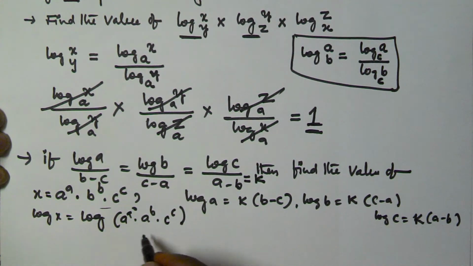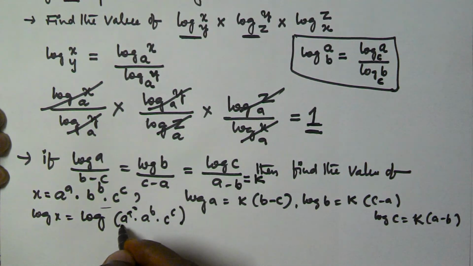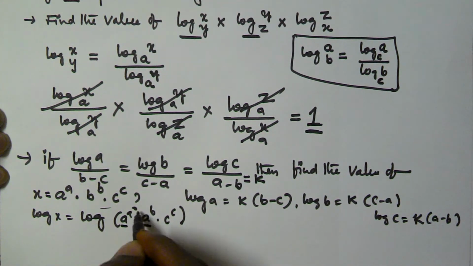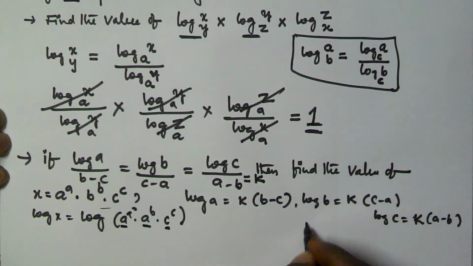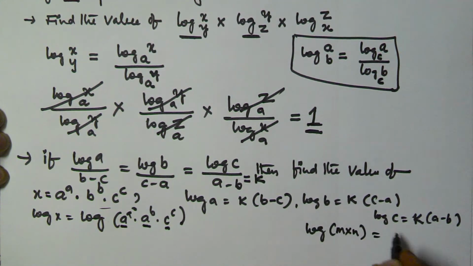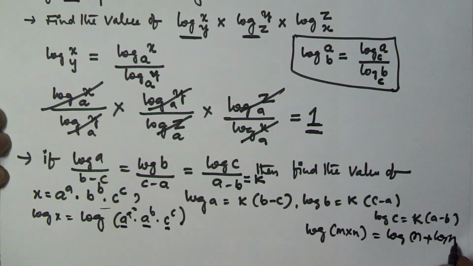Whenever there is a multiplication, we have to write it as a separate log, so we have to use addition. We have to use addition using this formula: log m into n is equivalent to log m plus log n.